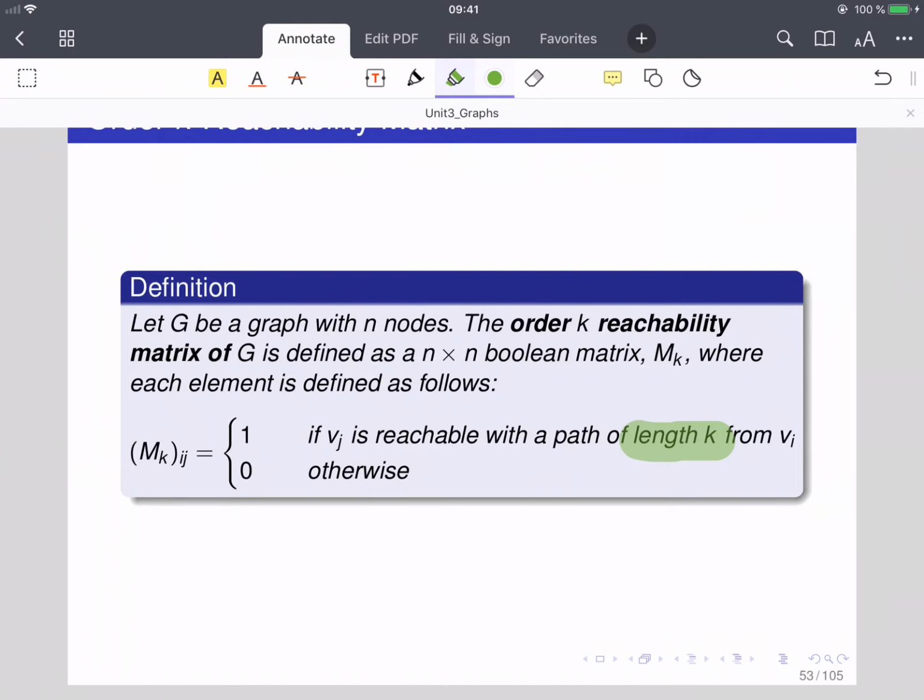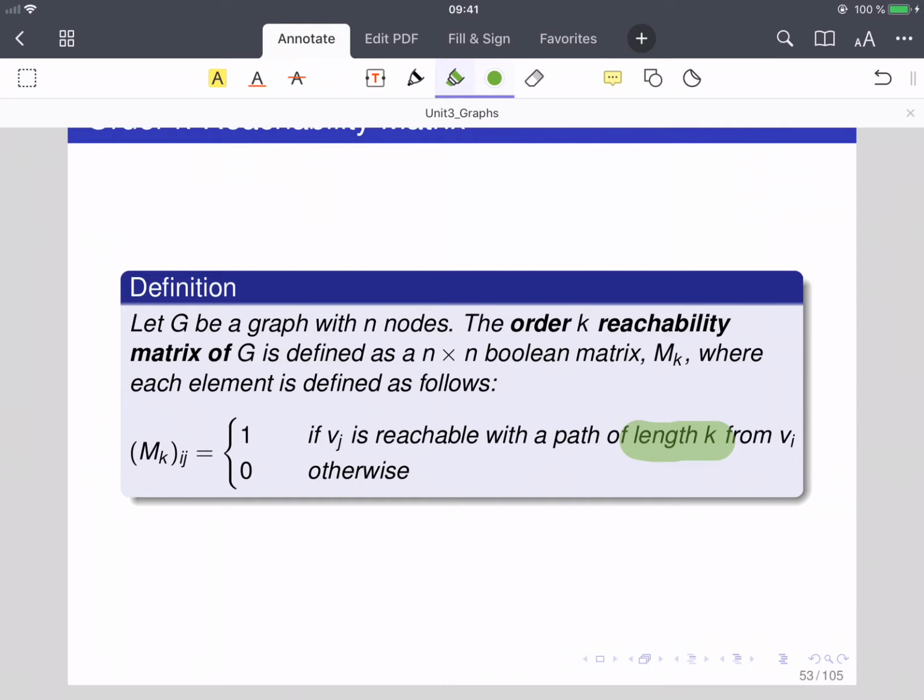So if we knew all these matrices for k equal to 0, k equal to 1, k equal to 2, k equal to 3, and so on, up to infinity, we could compute the reachability matrix.